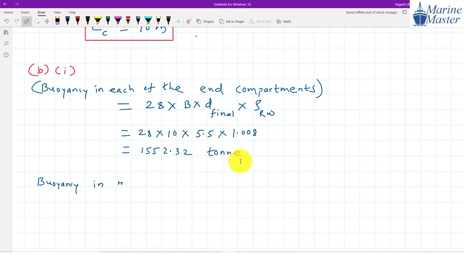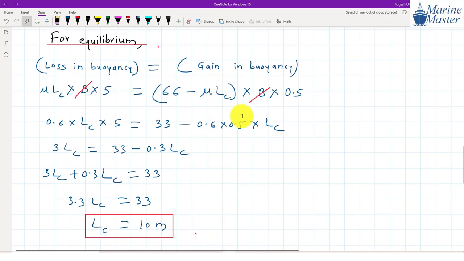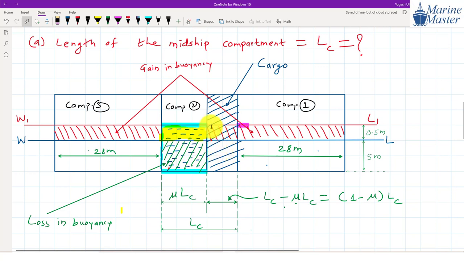Now the buoyancy in the midship compartment, suppose. See, who is responsible for the buoyancy in the midship compartment? This portion is not responsible for the buoyancy.